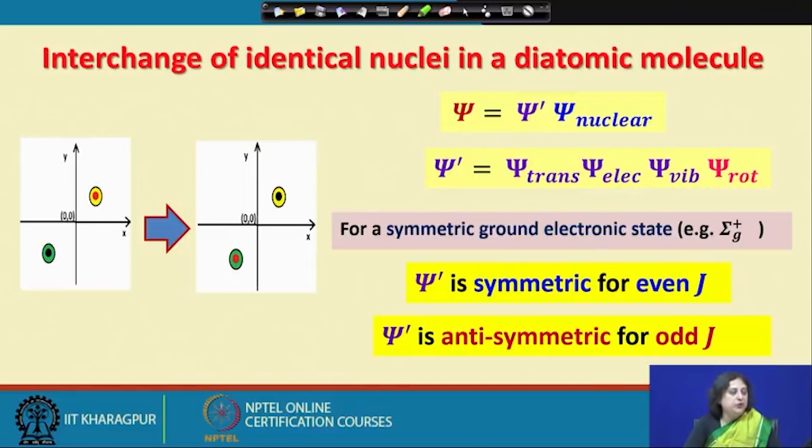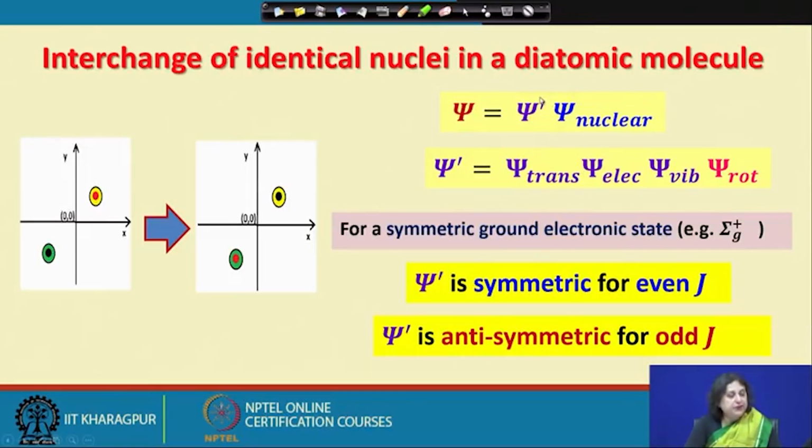Therefore, on the whole, the wave function psi prime will be symmetric with respect to interchange of identical nuclei if we have rotational energy states corresponding to even values of the rotational quantum number j, and psi prime is going to be antisymmetric under identical conditions if psi rot corresponds to odd values of j. So, that was the first part, for psi prime.